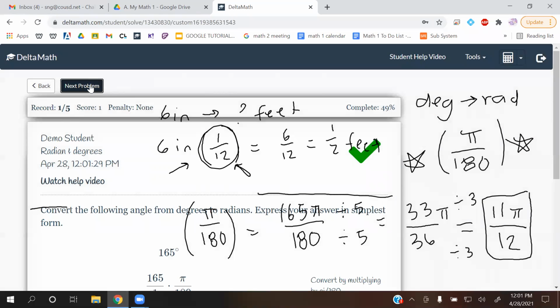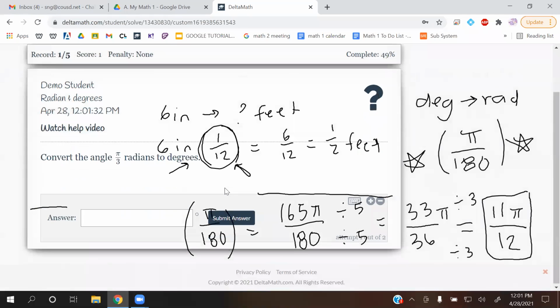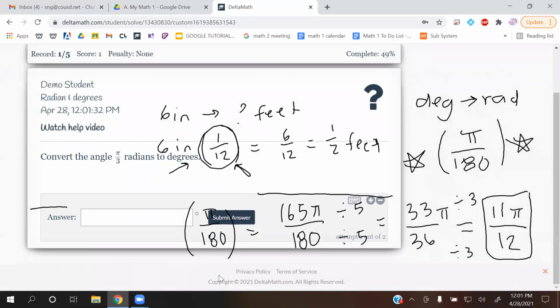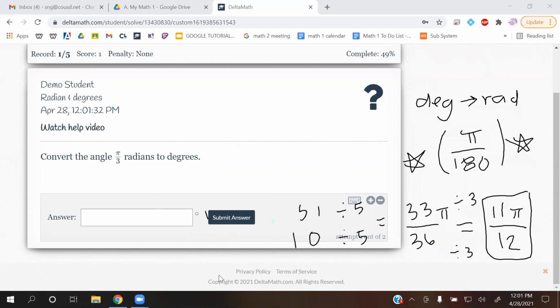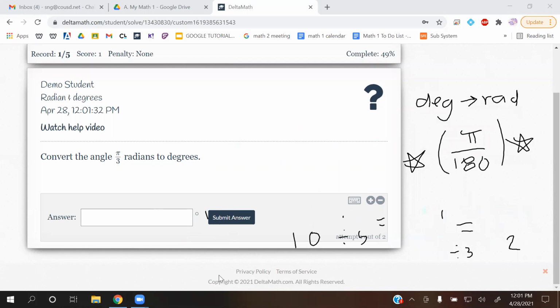All right, I'm going to do a couple more examples with you guys. So I'm going to keep that special fraction, because it's the same special fraction you're going to use in all of these problems.